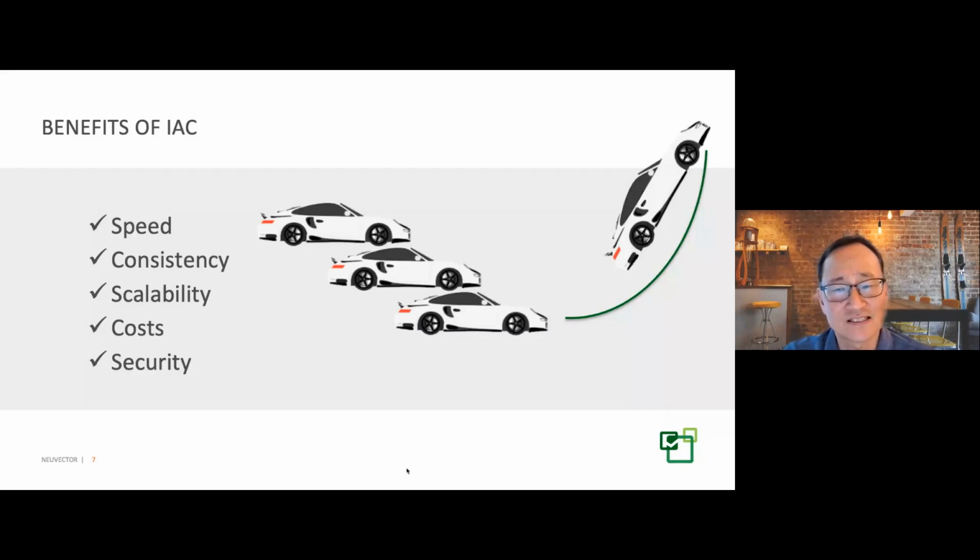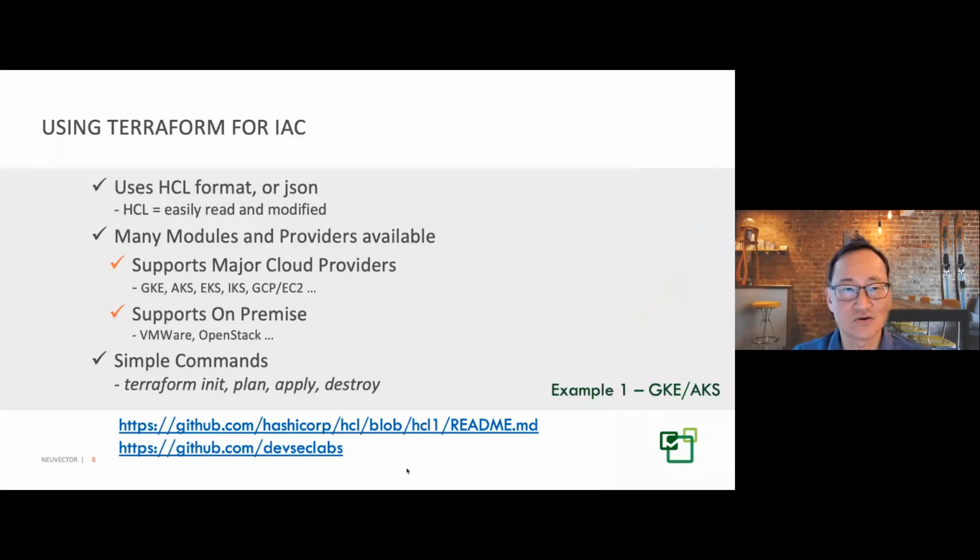And other benefits we talked about are scalability, the ability to scale resources, and cost reductions. And then finally, our topic for today is security. By consistently deploying a set of resources with a set of configurations, we can improve the security of that infrastructure. So hence the term secure infrastructure as code.